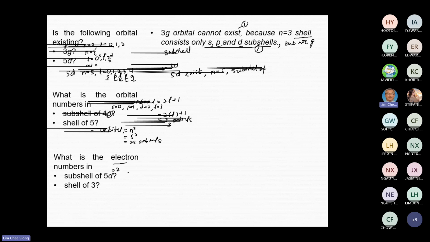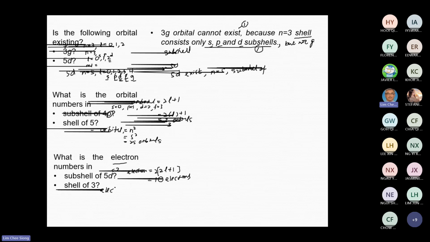So what we have is the electron number, electrons equal to 2 times (2L plus 1). Okay, so you substitute into here. So we come up with 2 times (4 plus 1), 5, equal to 10. 10 what? 10 electrons. Are you correct? Is it correct? Good. Shell equal to 3, then we will go for it.